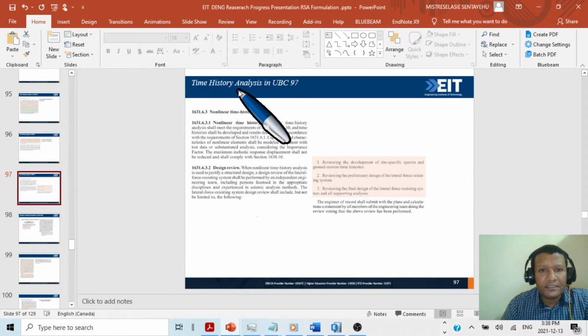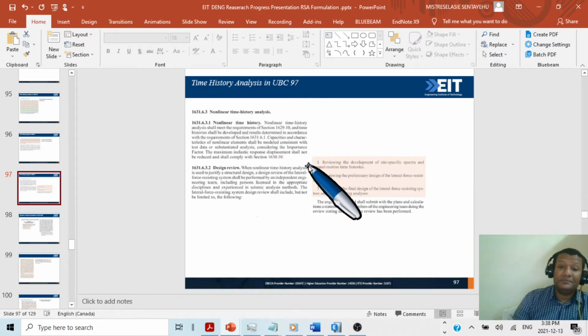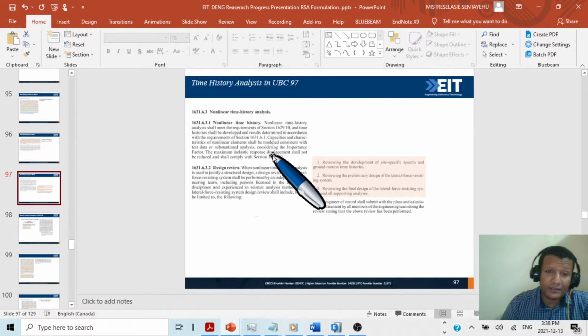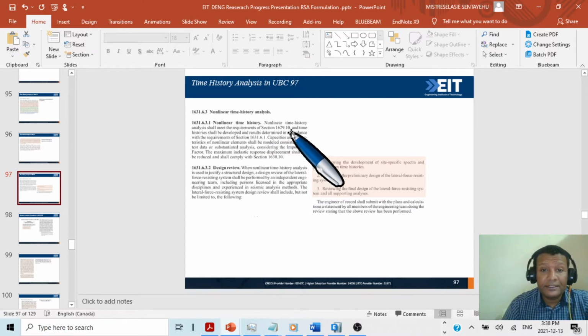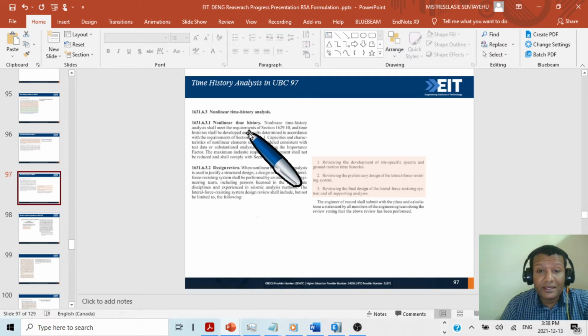Again, the time history analysis in UBC 97: that one was linear time history, now nonlinear time history. Nonlinear time history analysis shall meet the requirement of this section, and the time history shall be developed and results determined in accordance with the requirement of this section.